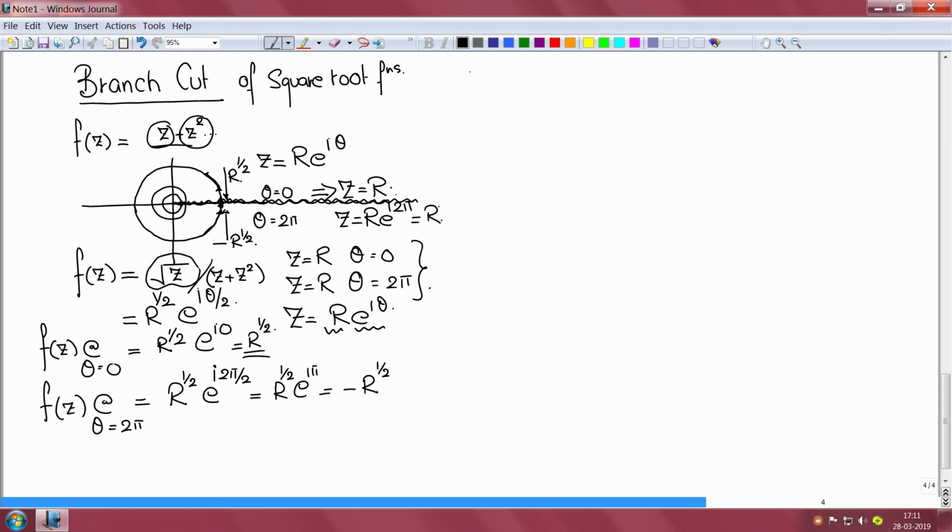Such a line is called a branch cut. What does it do? It separates the function into various planes where the function has a unique, continuous value. Such a line is called a branch cut.